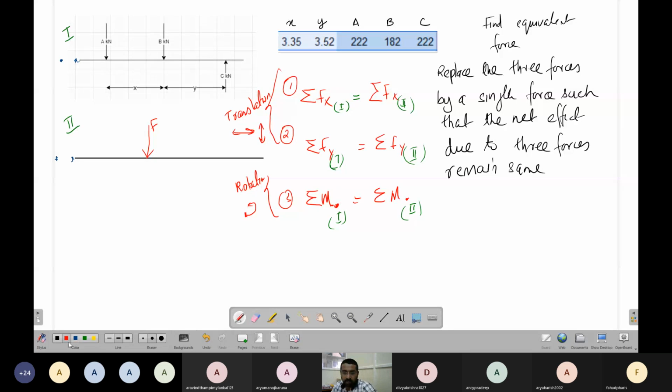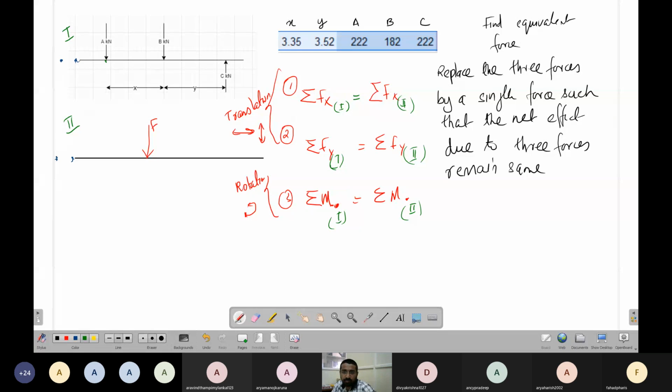First, you have to decide about what point to take the moment. For moment you have to know the force and the perpendicular distance. I have many points here.